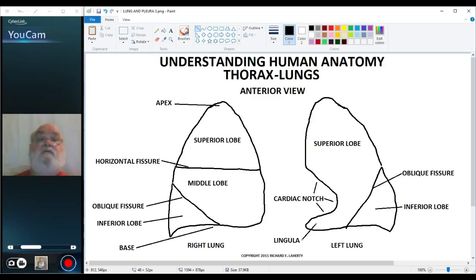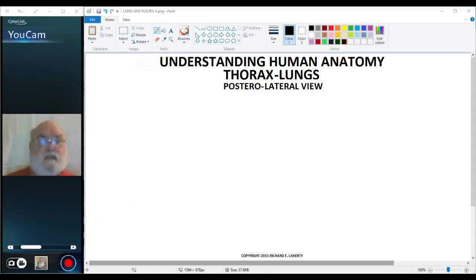Now, let's look at these two lungs from the posterior lateral aspect. Now, in the posterior lateral view, the relative positions of the two lungs are reversed. So that the left lung is over here on the left side of the slide.